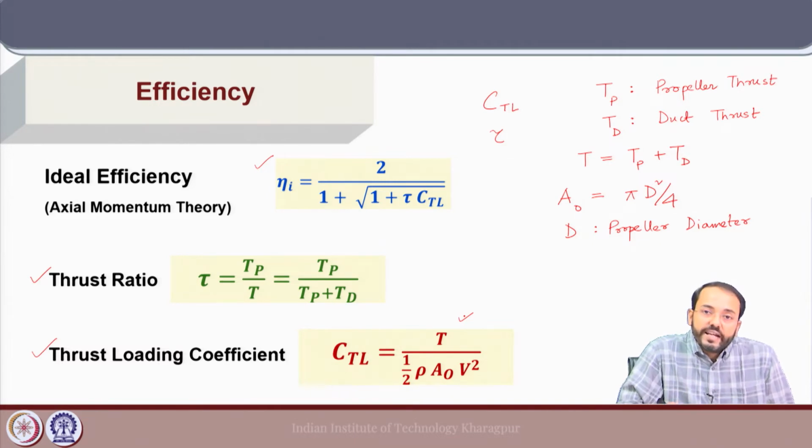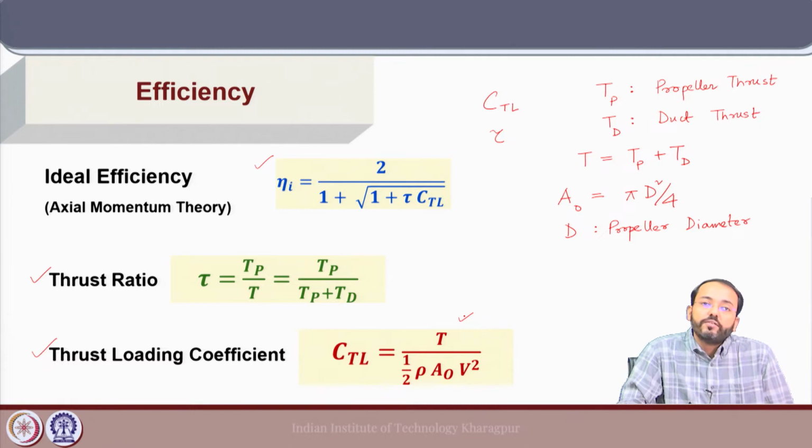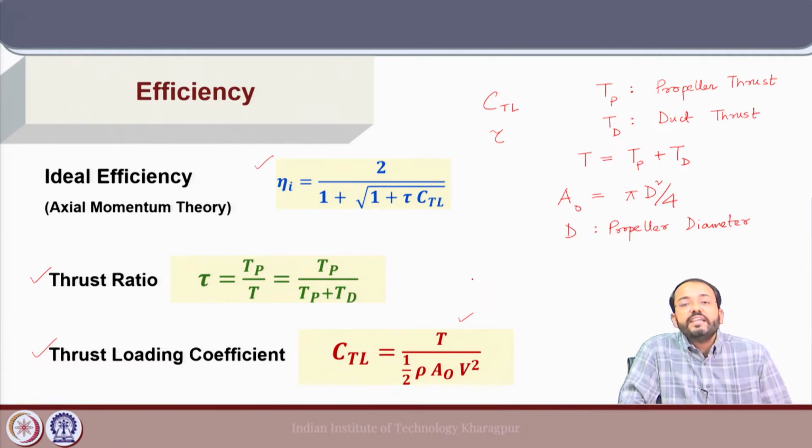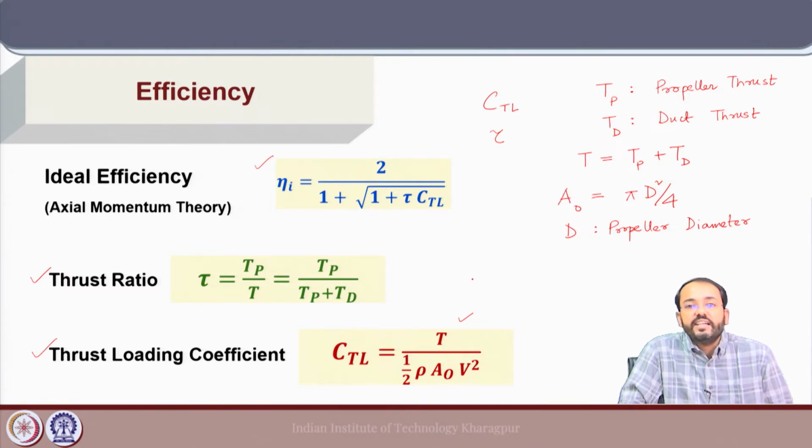So, the number of blades or the actual geometry of the propeller is not considered here, as before for axial momentum theory. Now, this ideal efficiency does not include any effect of drag, and the flow is also assumed to be ideal.